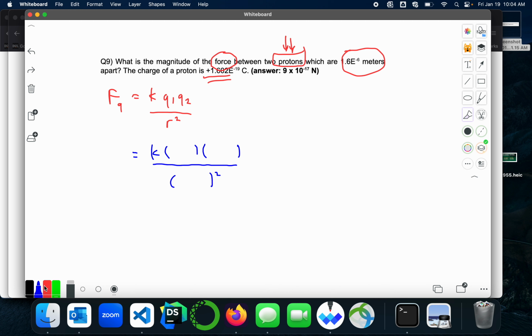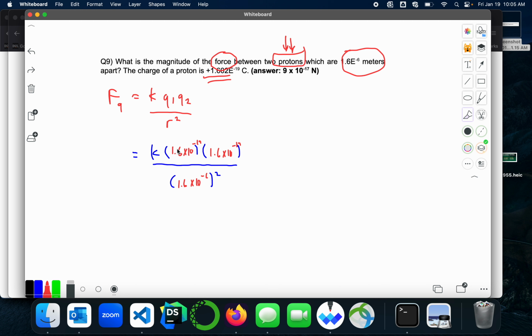Just setting myself up here, right? Q1 is 1.6 times 10 to the minus 19. Q2 is the same, so it looks like that's just going to be squared, right? Okay, and then the R is a pretty short distance, 1.6 times 10 to the minus 6.